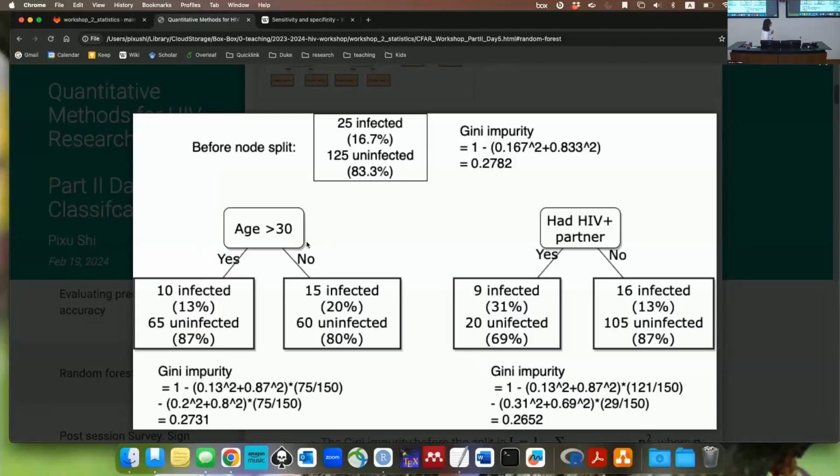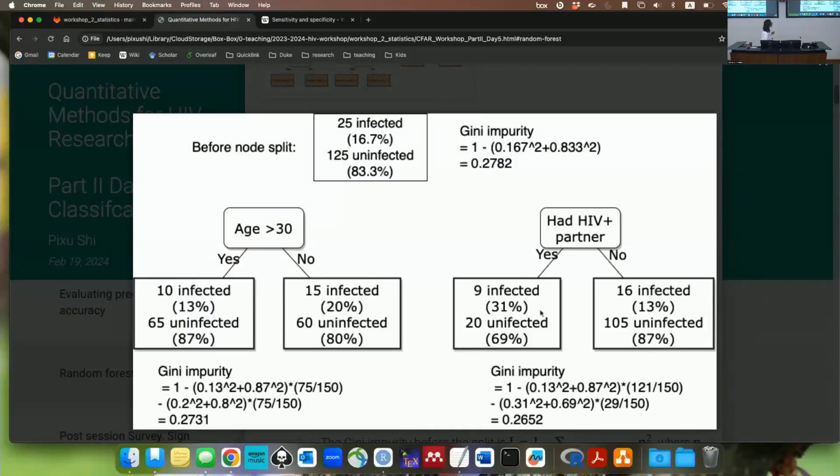So in this specific case, let's look at age larger than 30 as the cutoff. After you split the node, you have this number of infected and uninfected in each node. And the Gini impurity is going to be calculated for each node and then weighted combined. And that number is going to be this.